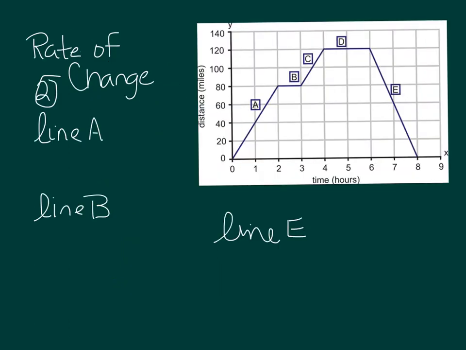Okay. All right, on this one, you can see we have multiple rates of change here, so there's different lines on here, and we're just going to practice. So the first one I want to find is the rate of change of line A here. So this is line A. Now, a couple things you need to remember when you're picking points to find rate of change is you need to make sure that your point is an exact place.